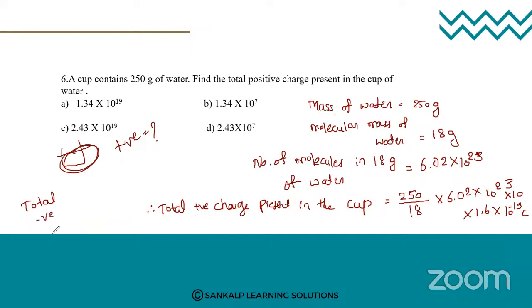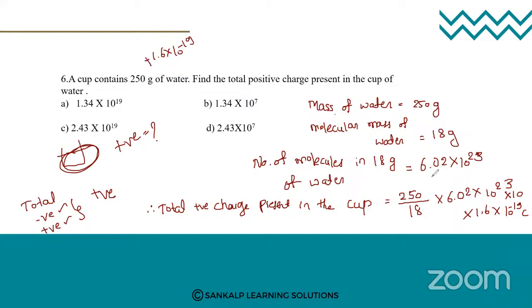They are asking only the positive charge. So I am multiplying by 10 into the charge of the proton. The charge of the proton and the charge of the electron are the same, 1.6 into 10 raised to minus 19. For the electron it is minus, and for the proton it is plus.